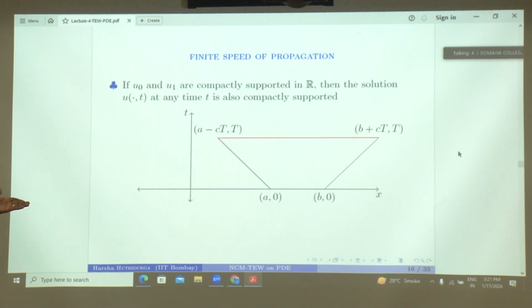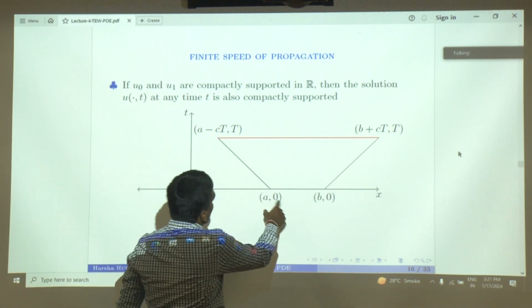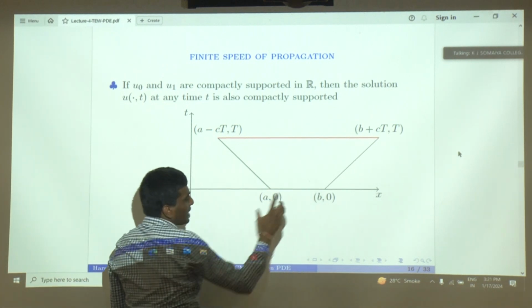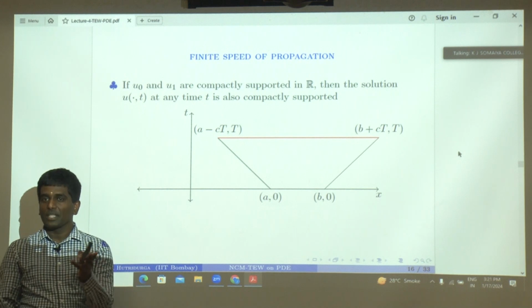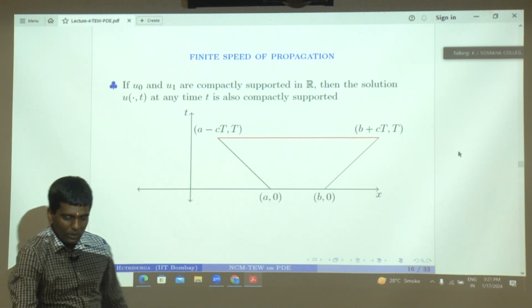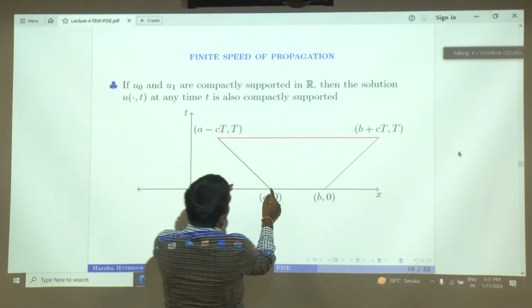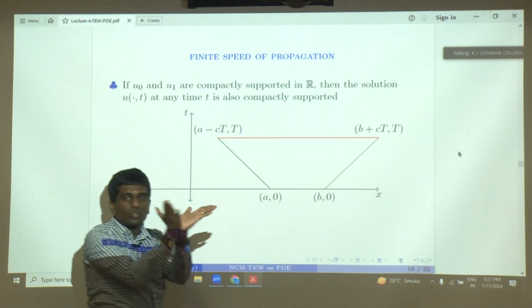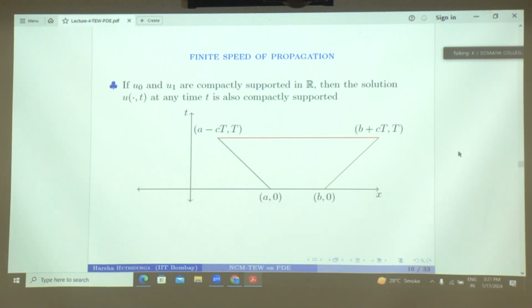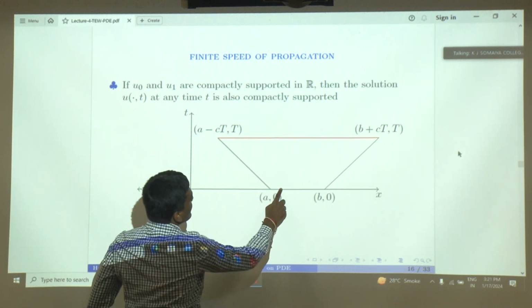And finite speed of propagation is essentially this. It's again those minus c, plus c lines. See? Suppose this is the interval a comma b where both u0 and u1 are supported. Now, at each of those points, you draw those cones. Domain of influence: what does a point here influence?